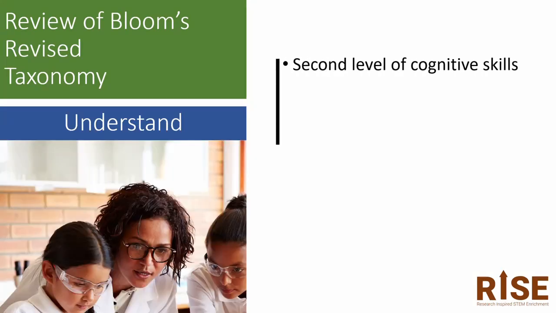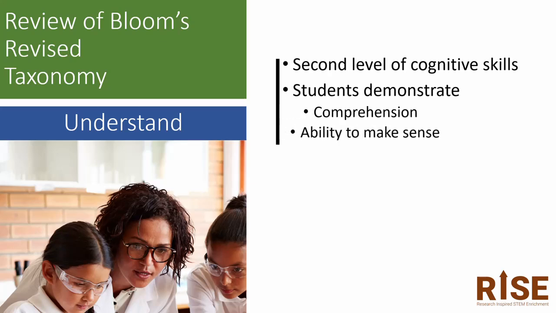In Bloom's taxonomy, understanding is the second level of cognitive skills and represents a more advanced stage of learning compared to remembering. At this level, learners not only recall or recognize information, but they also demonstrate comprehension and the ability to make sense of the material.